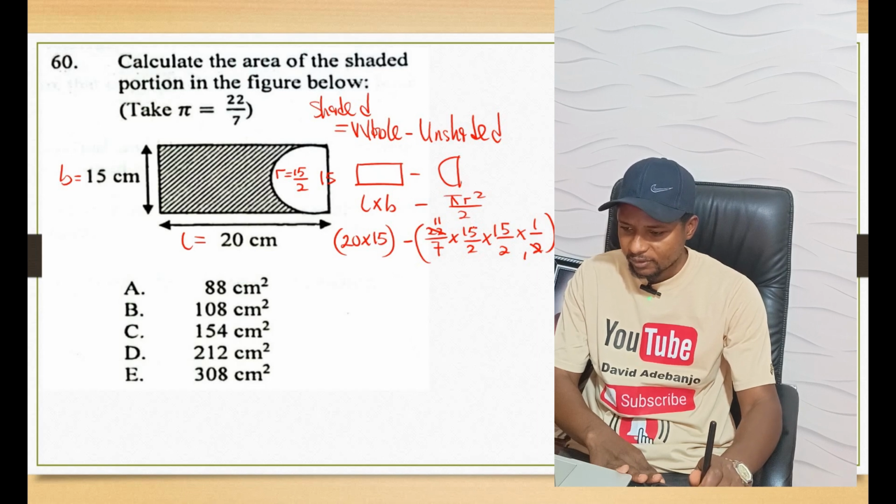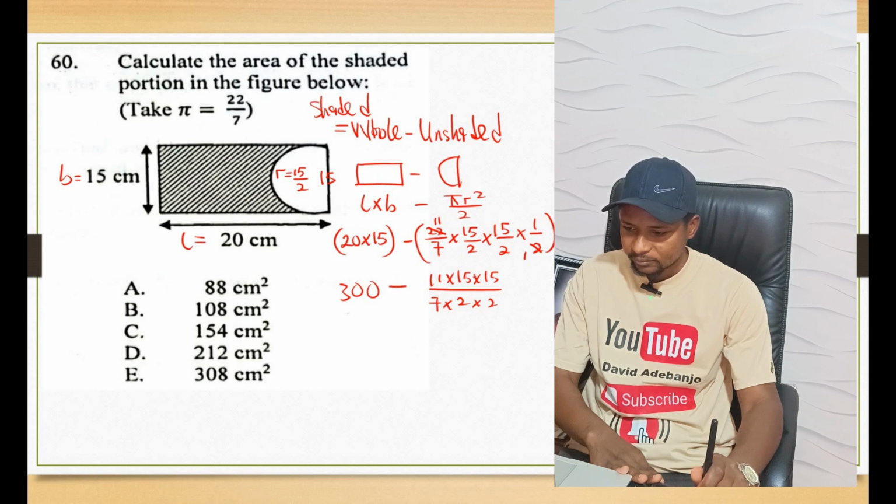We have 11 times 15 times 15. That's 11 times 15 times 15 over 7 times 2 times 2. And here is just 20 times 15. This is 300.